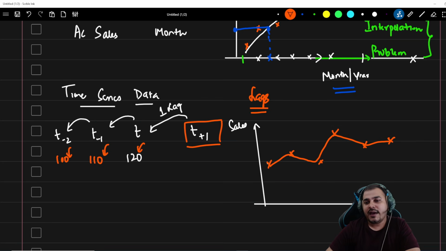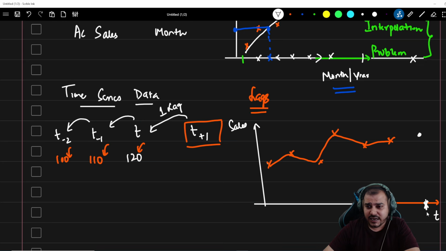Now my main aim is to compute for the next timestamp. Let's say I put this as T. Suppose for this T, I want to predict what may be the sales that may be happening over here, right?